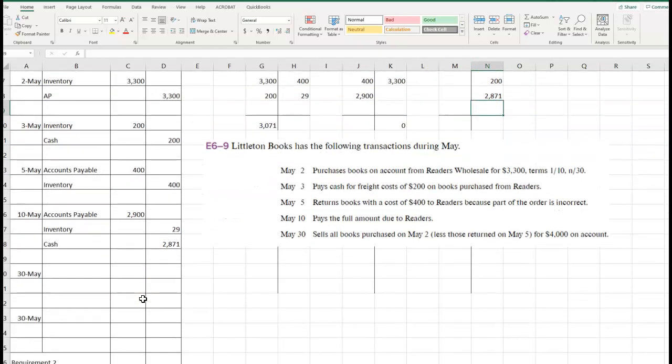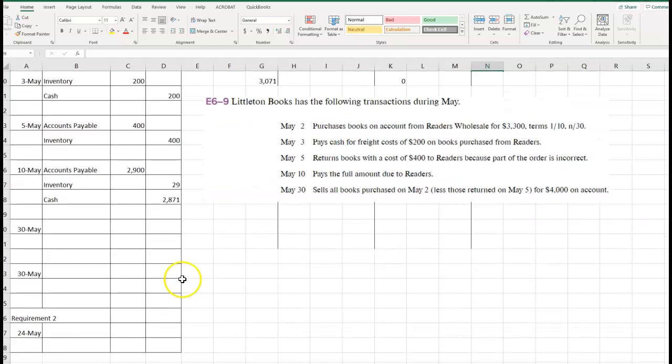On May 30th, we sell all the books purchased on May 2nd, less those returned on May 4th, for $4,000 on account. Because this is a perpetual inventory system, it requires 2 journal entries, and don't mix and match them. The first one is the sale. What do you record when you sell something on account?